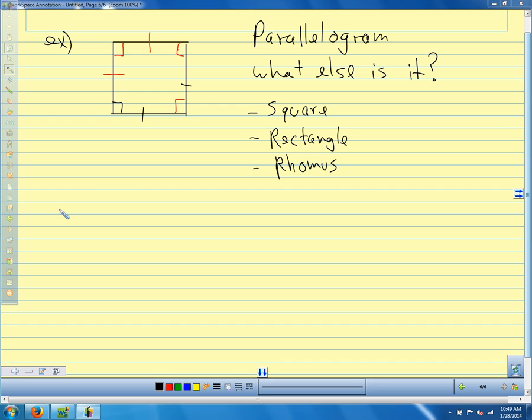All right, let's look at another example. So we're going to say that this shape is a rhombus.